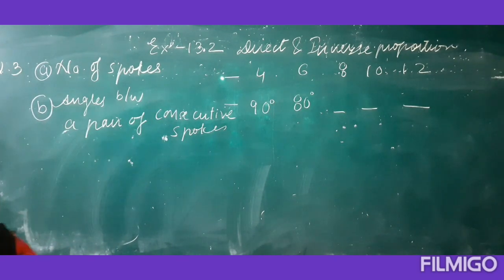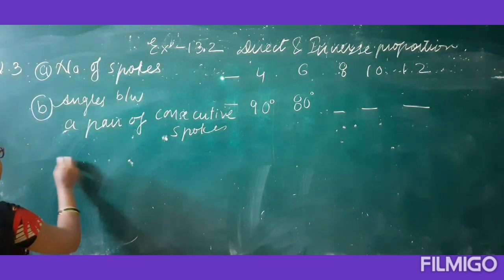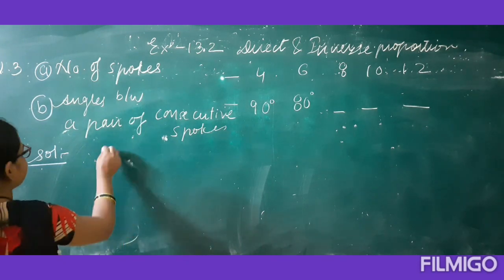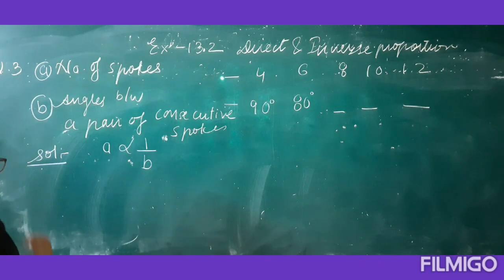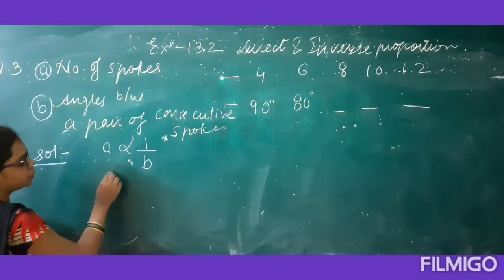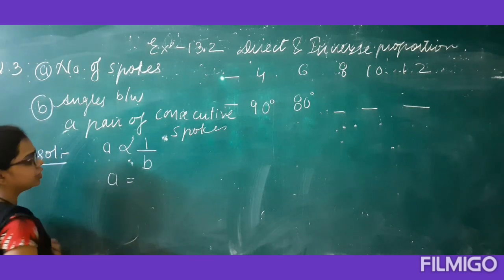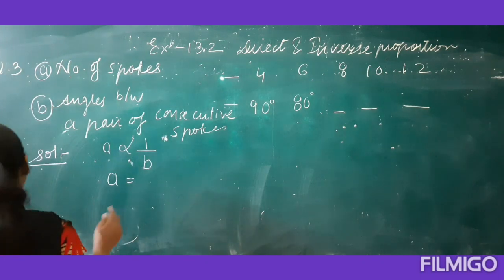So here, as you know that in inverse proportion, A is proportional to 1 by B, and if I remove this proportional sign, I will write an equal sign, and this will be equal to what? It will be equal to any constant k.